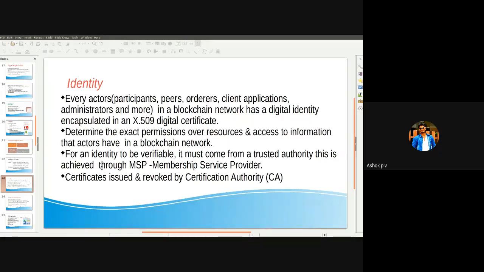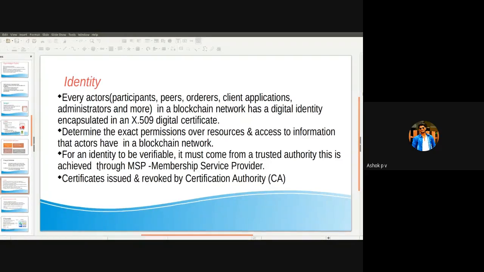We have this permissions.acl, a file that enables us to provide access for each and every customer or participant or particular entity, controlling what resources they can access and what transactions they can execute. You can even control that, like if a consumer can only execute read transactions, but a wholesaler or retailer can add, that is, write transactions. So those kinds of things can be controlled using this identity.